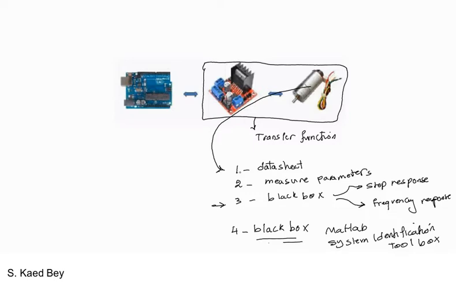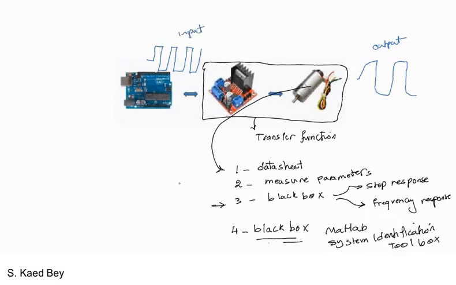For example, we may start with a square wave, and then we should see how the motor is responding. From such information, we would be able to find the relation between the output and the input.